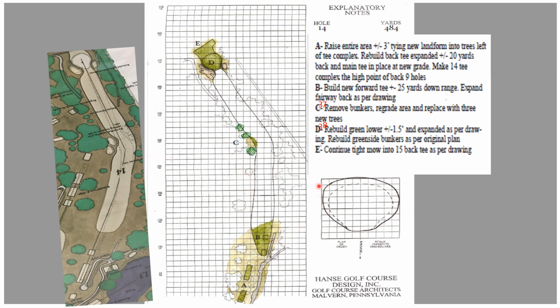And this is still a little bit of levee in a way, although it kind of goes this way. But the tee ground on 14 is going to be a little bit more of a raised landform. So the highest point of the back 9 essentially will be here. Not a whole lot different than it is now. It'll just be accentuated even more.